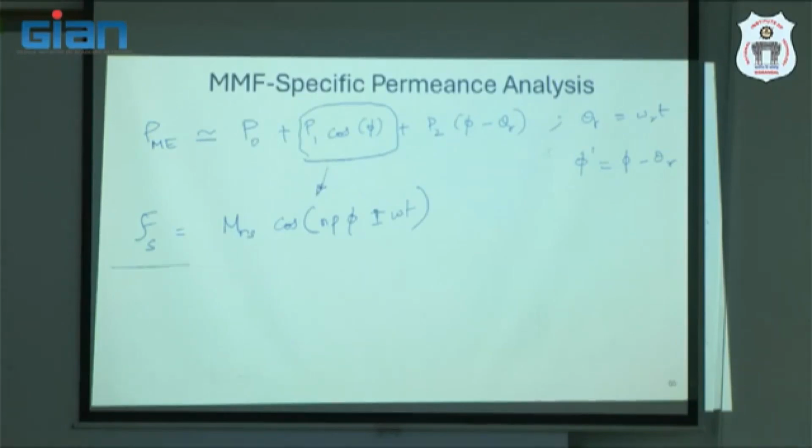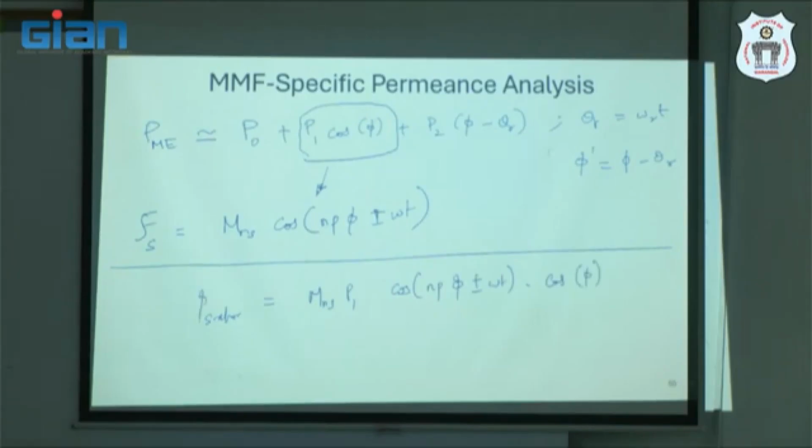So the flux produced in the air gap due to the MMF interacting with only the static eccentric component of the permeance function. Again, this is in stator reference frame. So that will be minus P1 cos(N P phi plus or minus omega t) cos phi.